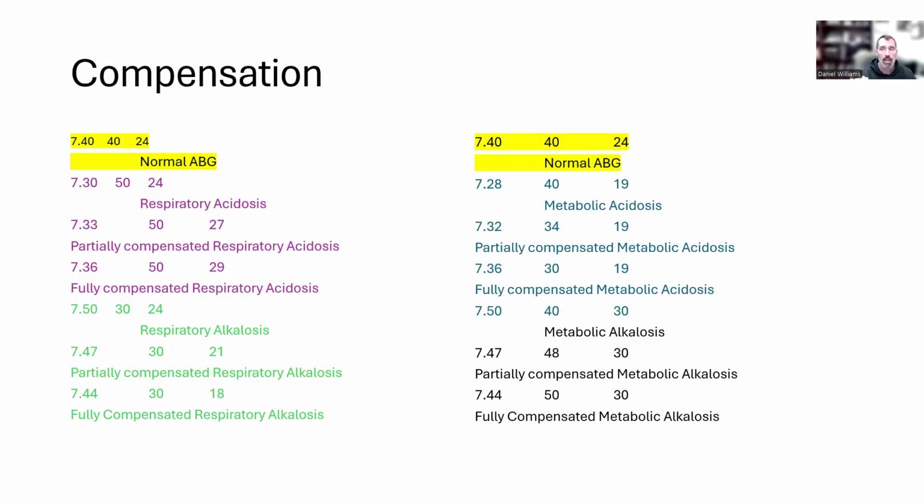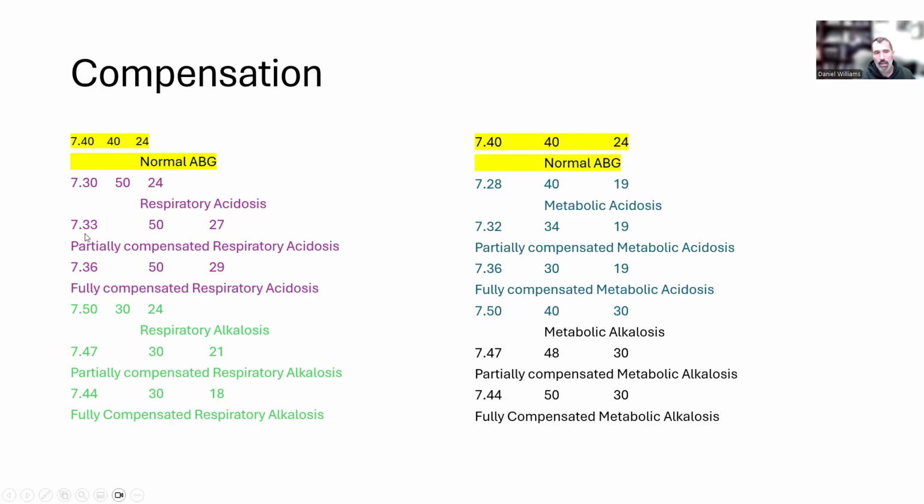If it's partially compensated, you identify the problem for the blood gas. So in this case, it's a respiratory acidosis. If I need to determine if there's partial compensation, I have to look at the other system to see if it's moving in the direction that would help bring my pH back to within normal range. So we've established here in the first purple set of numbers that this is a respiratory acidosis.